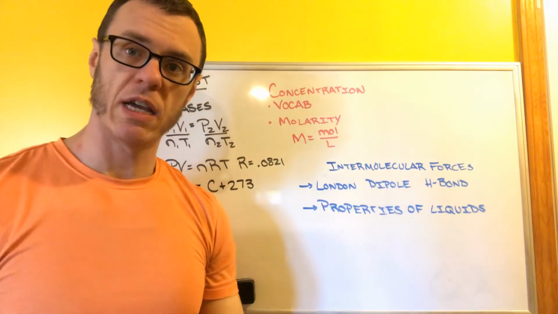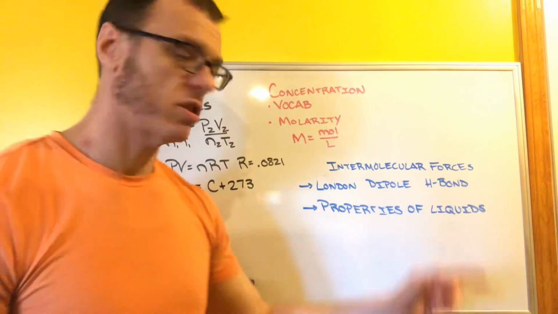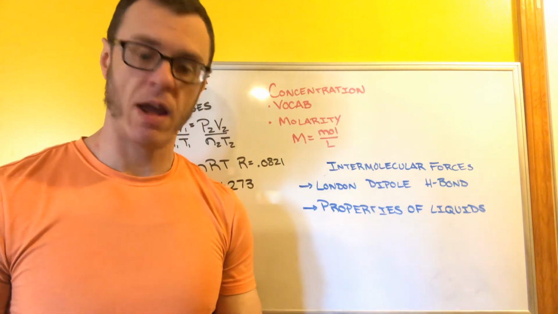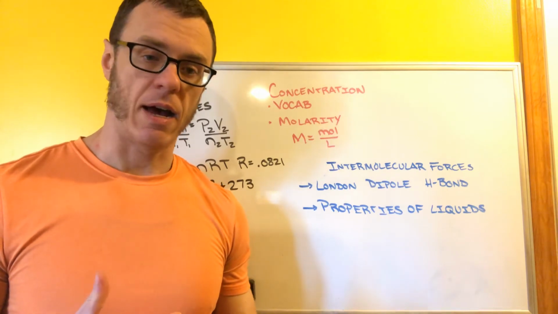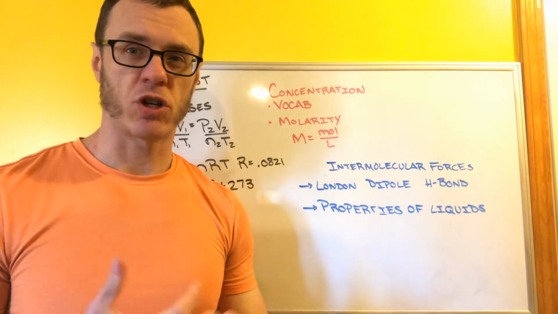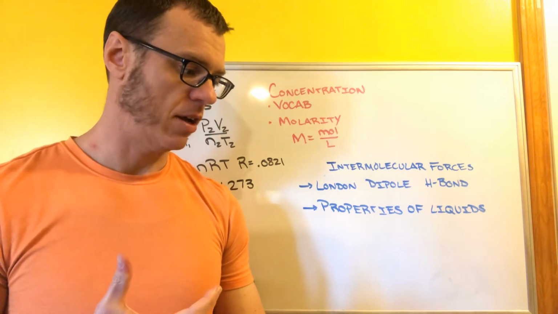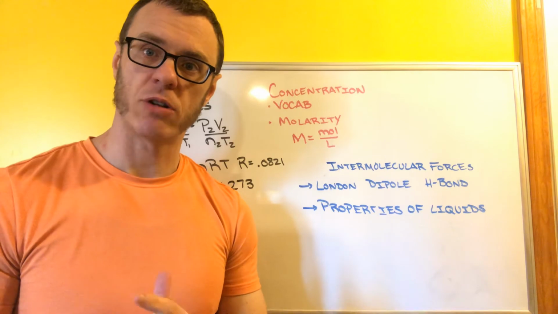So we have those three intermolecular forces, and then we started talking about properties of liquids. There's the whole list. There's 4 of them, right? We had surface tension, viscosity, vapor pressure, which that one is a little bit complicated. I understand that. And capillary action, how trees drink water.